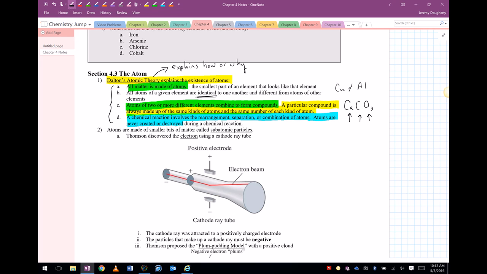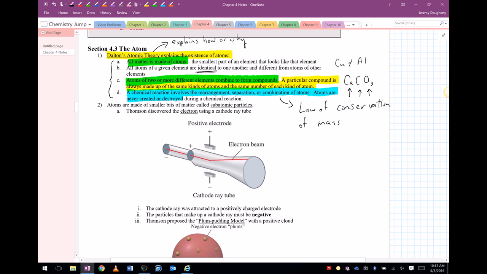And that comes from the idea of the law of conservation of mass. So you know about conservation laws. You learned that charge is conserved. In this case, mass is conserved. So Dalton came up with the basic idea of the atom and laid down some basic rules for atoms.